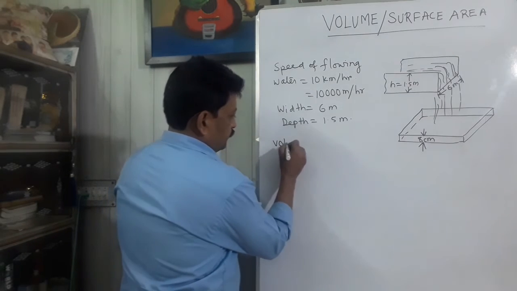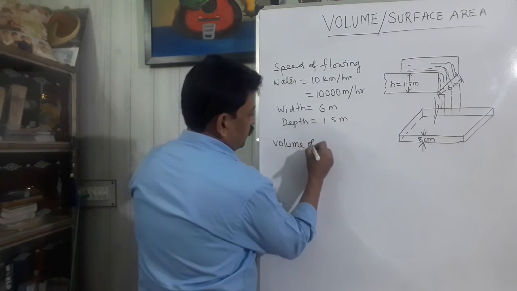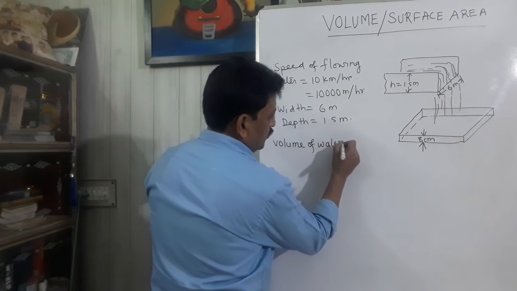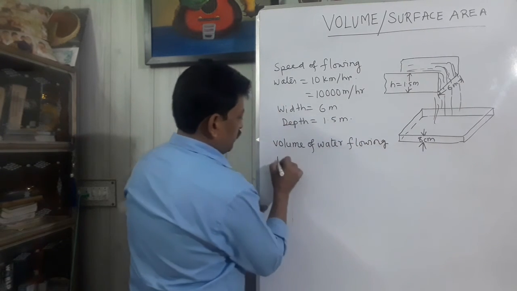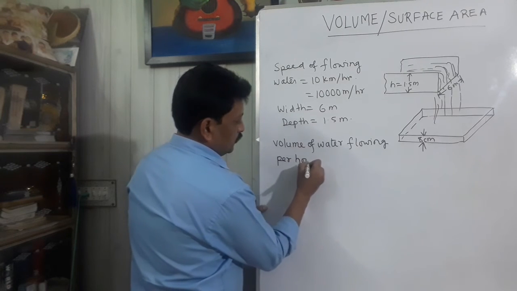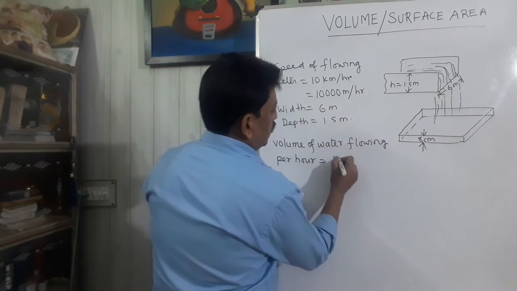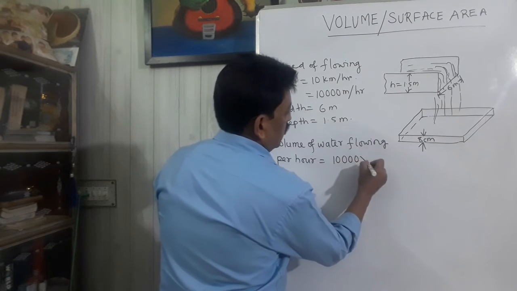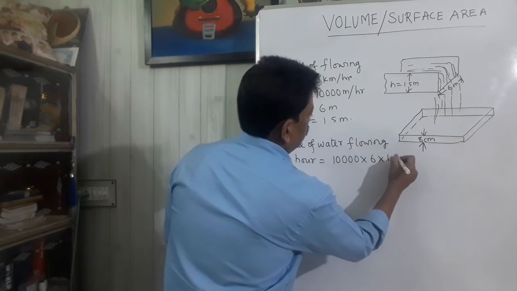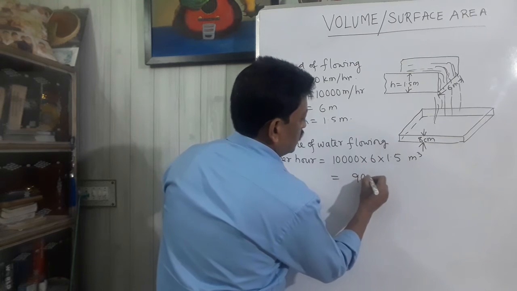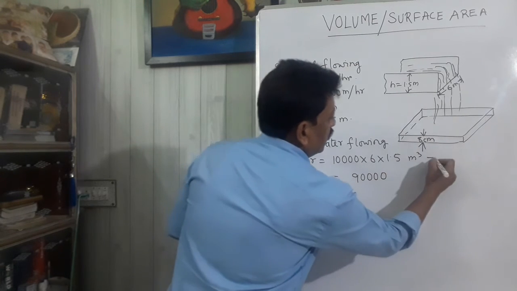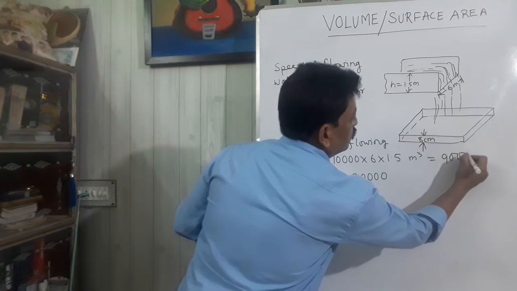So volume of water flowing per hour equals to 10,000 into 6 into 1.5 meter cube, that is 90,000. I am writing here 90,000 meter cube.